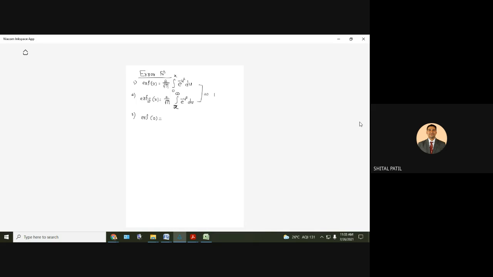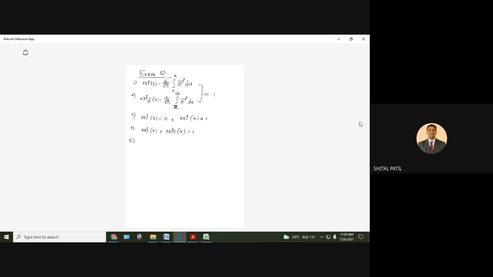Minimum possible error is 0. Error function of 0 is 0. Maximum possible error is 100%, 1. Right? Probability is 0 and 1 are like that. Okay, then error function of x plus complementary error function of x, that is equal to 1, that we studied.